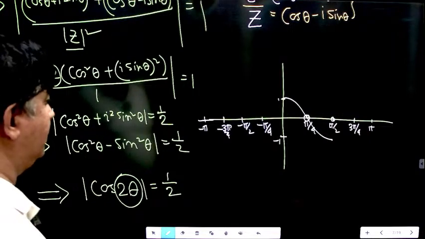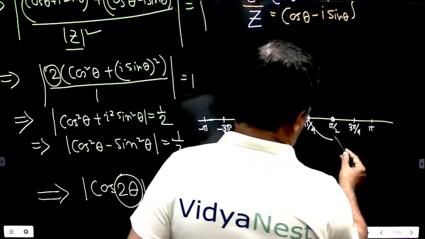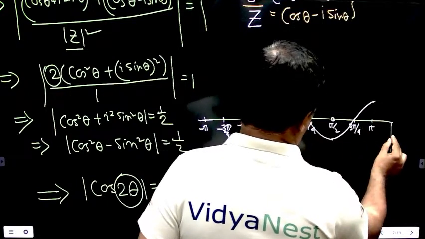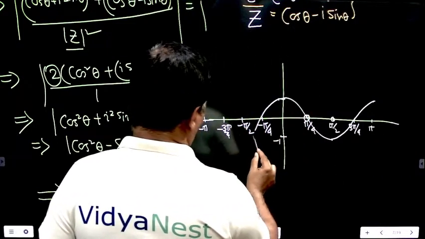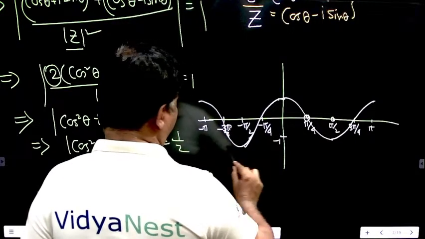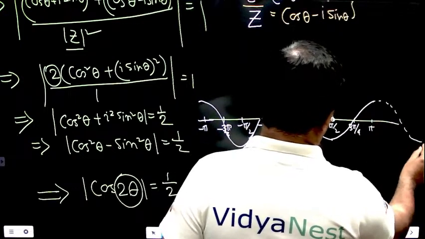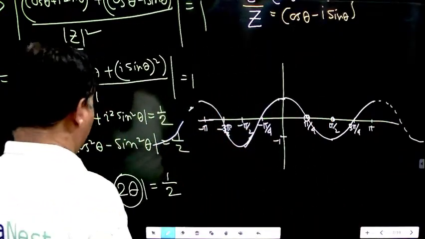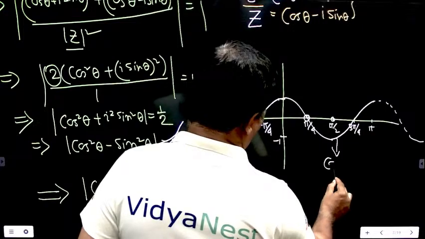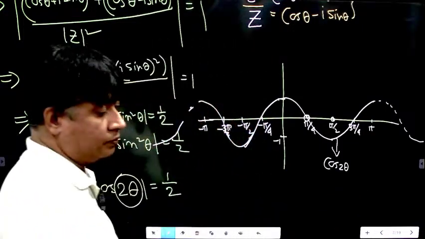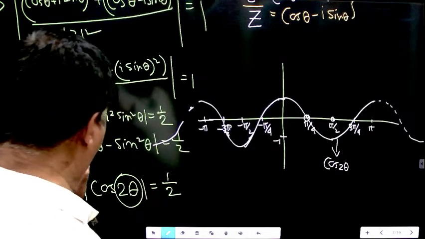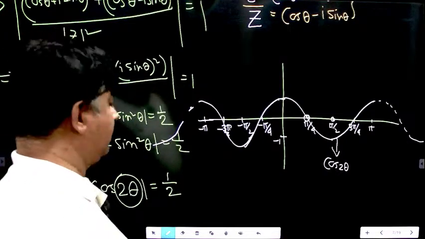Okay. Now you take the symmetry. Here also like that, and so on. But this is cos 2 theta's graph. Here you were asked to find the graph of mod cos 2 theta.